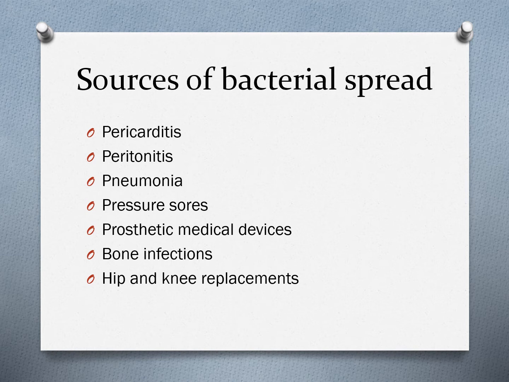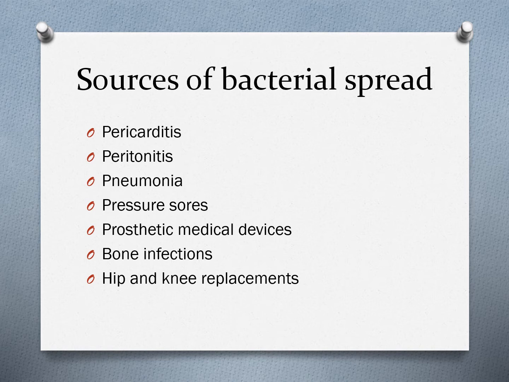Pneumonia, the cause of pneumonia is usually Streptococcus pneumoniae. You can have pressure sores. Staphylococcus aureus is often the cause of pressure sores, and pressure sores account for 2% of all septicemias.